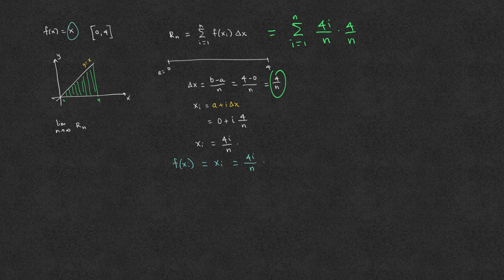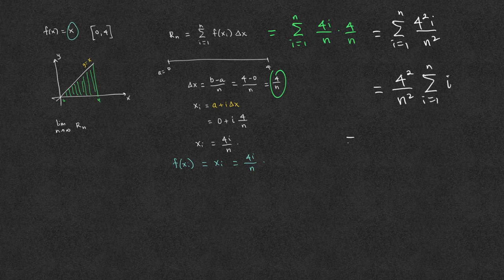This sum can be simplified as the sum from i equals 1 to n of 4 squared i over n squared. We can bring out 4 squared over n squared because this sum only depends on i. i is the index in this case. And so 4 squared over n squared doesn't depend on i. Inside the sum, we still have i.